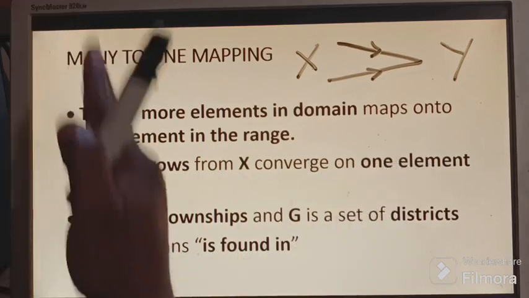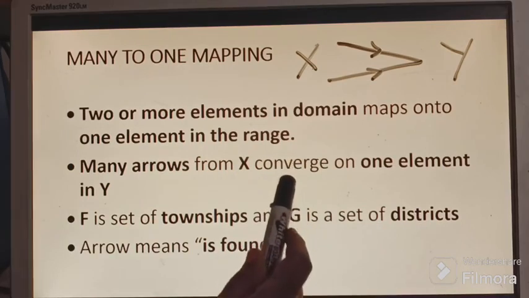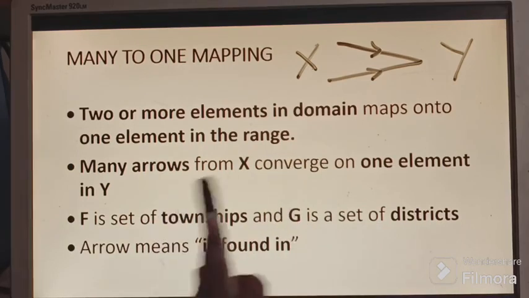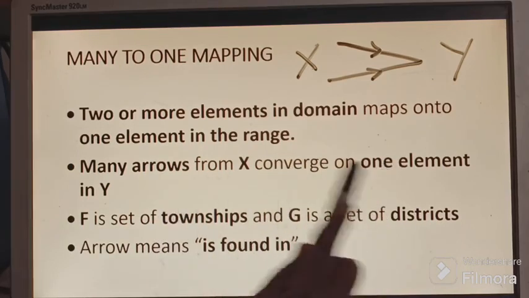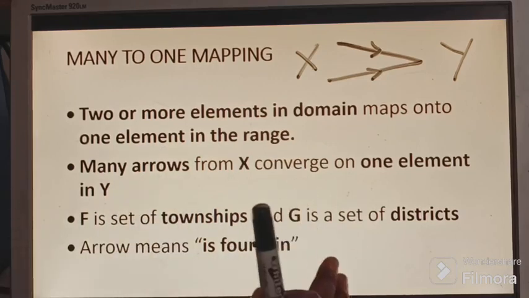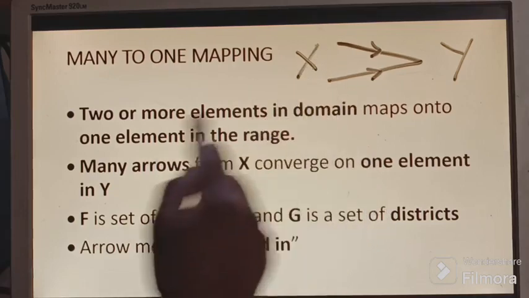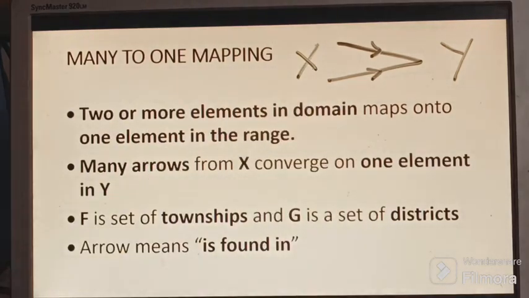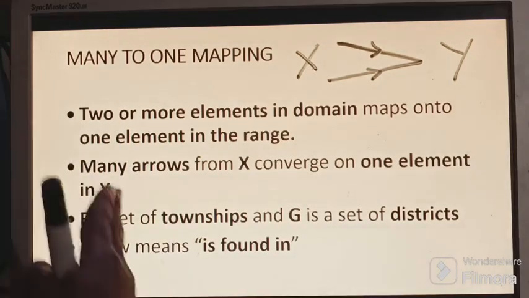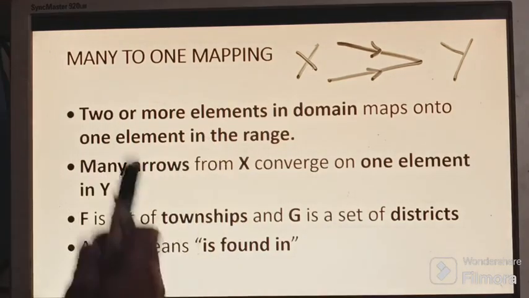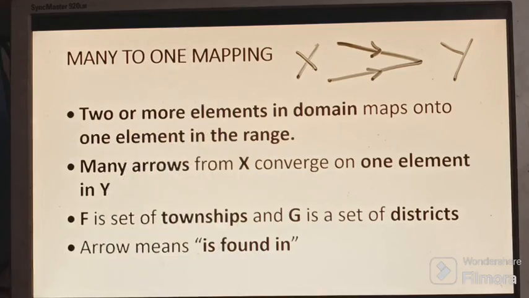If you notice, even if there are only two, let's say two or more, that's the condition, two or more, or even only two, which means that's a many to one mapping.